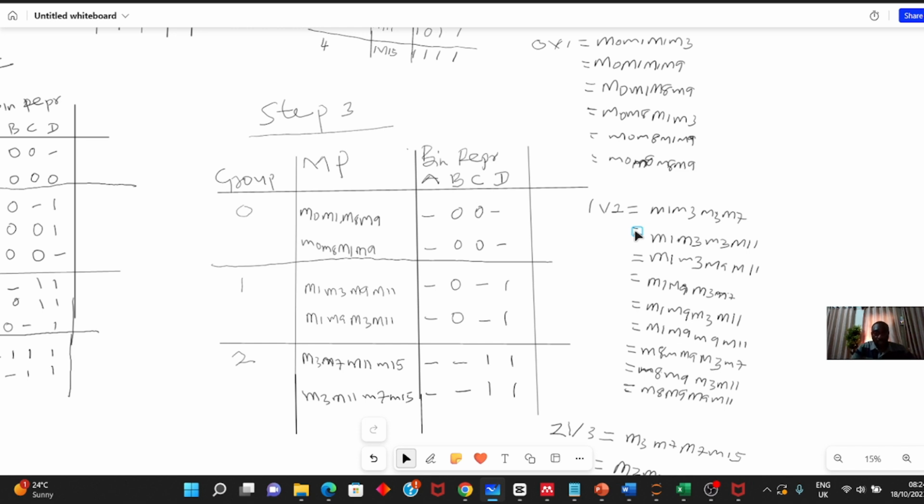Based on step 3, we are going to form the PI table in step 4. Let's see how that can be done. Forming the PI table.